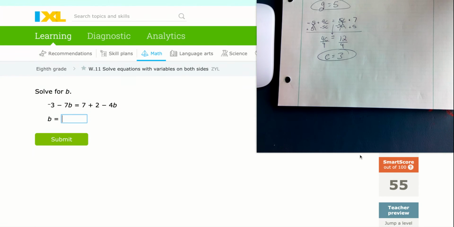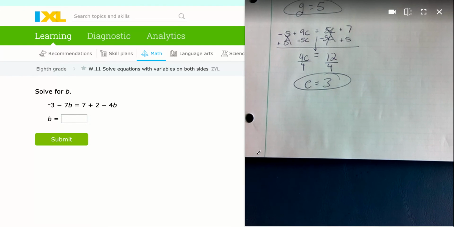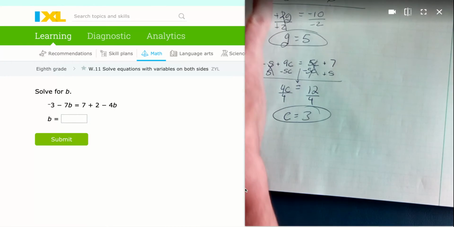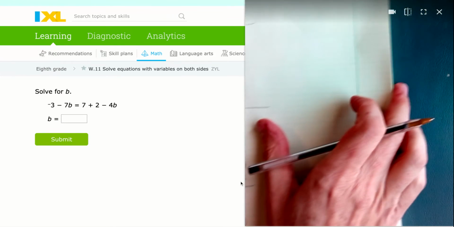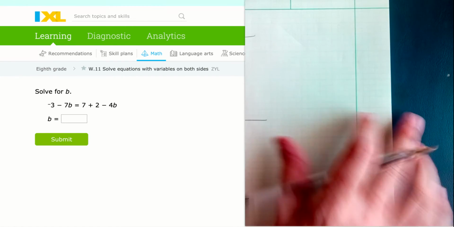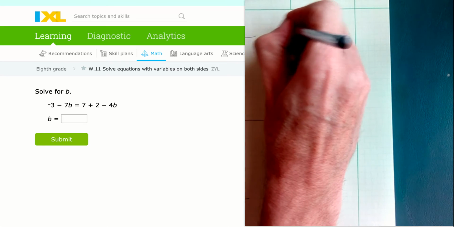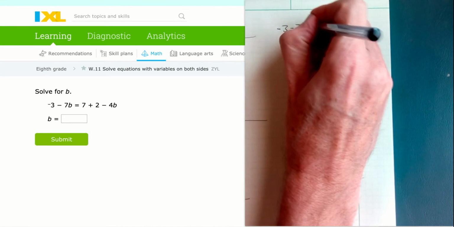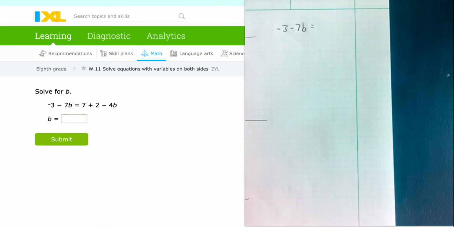Here's a 3-term expression. 3-term, meaning there's 3 terms on the right, 2 terms on the left. But again, they're really no more difficult than what we've already been doing. So first thing I would do is add like terms on the left side.